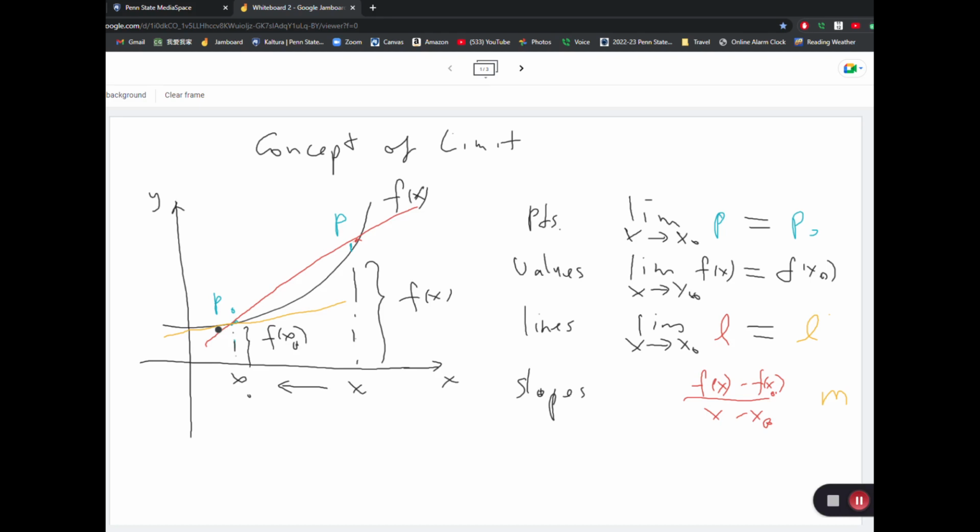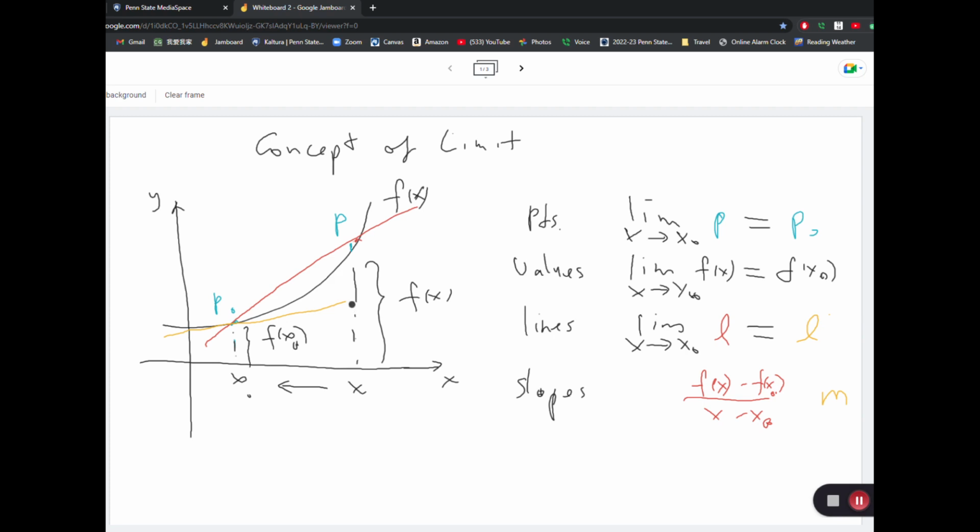All right, one more thing. This last example is based on the fact that as x approaches x0, the red line approaches the yellow line. Because look, when the red line approaches the yellow line, the slope of the red line, which I already wrote here, the slope of a line going through 2 points, change in function value divided by change in x value, right?